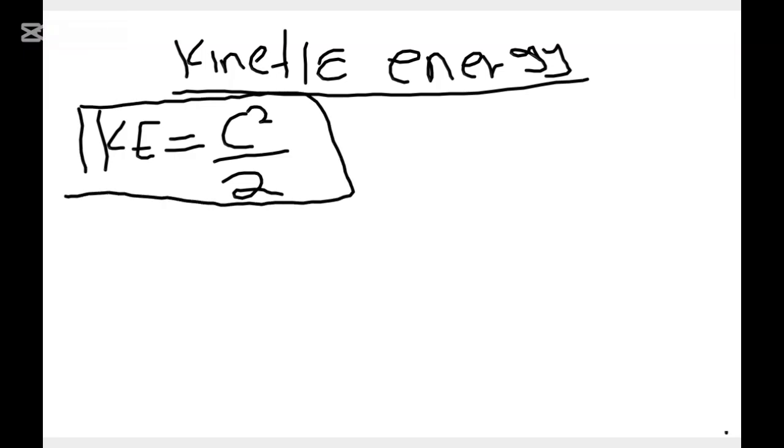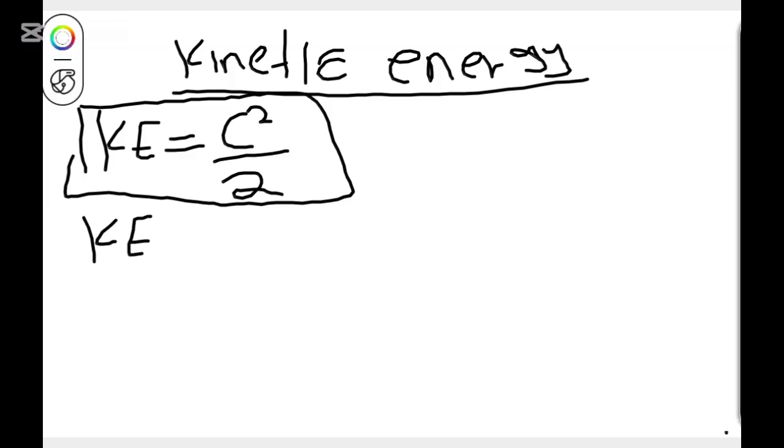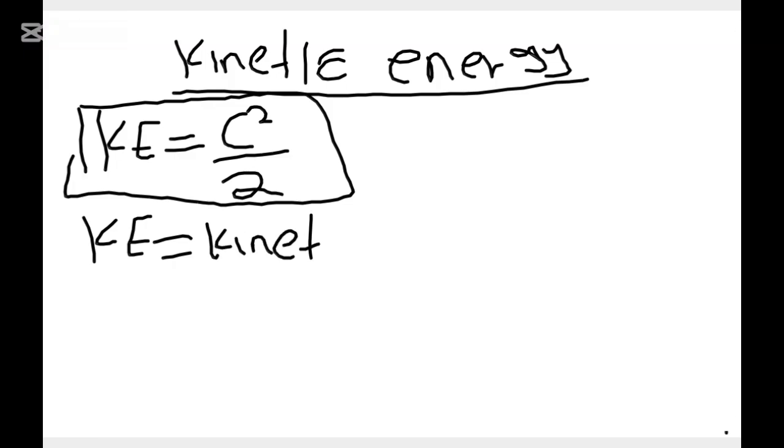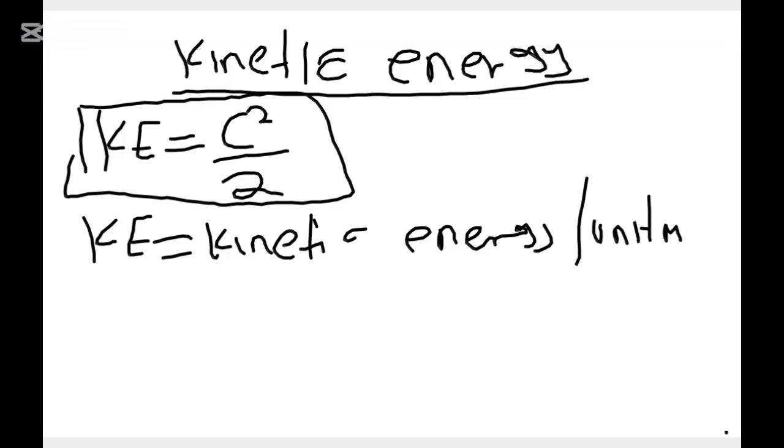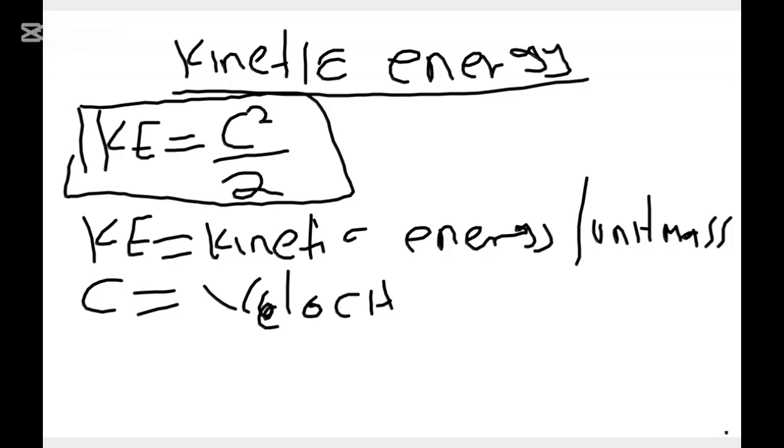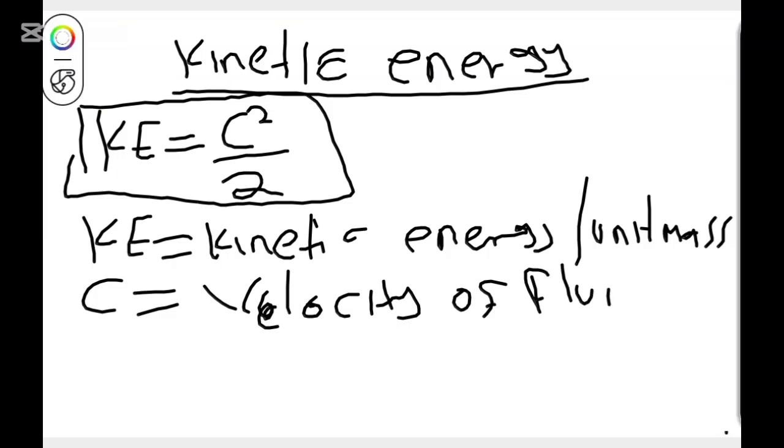You have to take note that KE is kinetic energy per unit mass. And also the C is the velocity of fluid. So you have to take note of that.